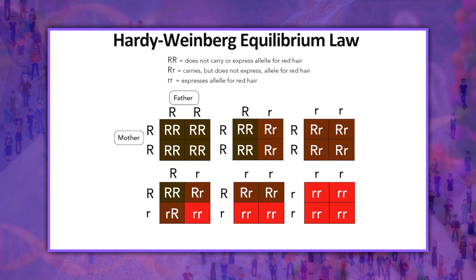For example, let's assume that red hair is determined by the inheritance of a gene with two alleles, R and r. Capital R is dominant whereas small r is recessive. The dominant allele R encodes for non-red hair, while the recessive allele, small r, encodes for red hair.